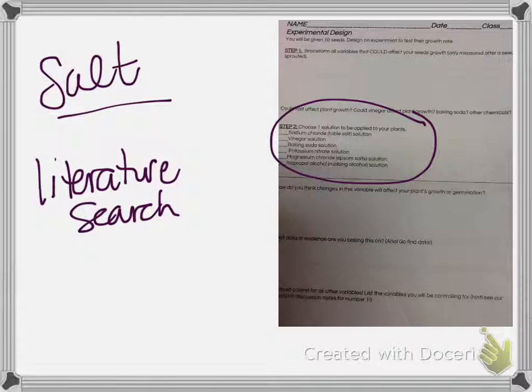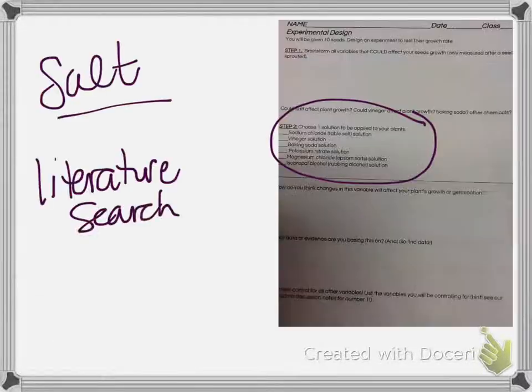So get yourself a first choice and a second choice for this. And then I'm going to hand you some articles, and we're going to walk through the process of getting information from a complicated piece of text. Because this is something that's a little bit above what you've done in the past. So right now what I want you to do is find your partner, sit down with them, and I'll be back with the article on salt.